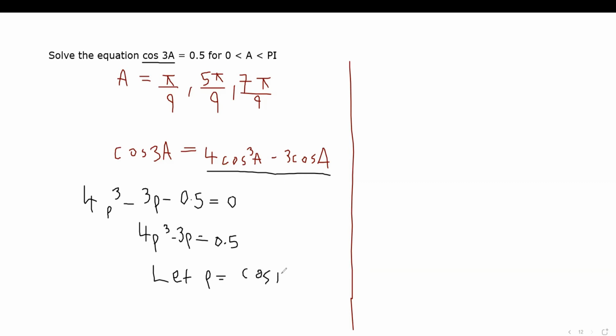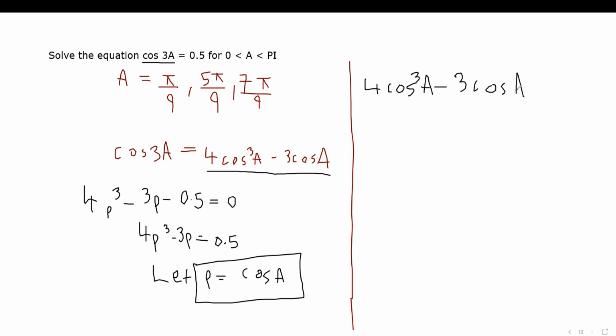Because if you plug p as cos a into this equation, even though it's a polynomial, look how it's going to work out nicely. It becomes 4 cos cubed a minus 3 cos a equal to a half. But guys, what is that?